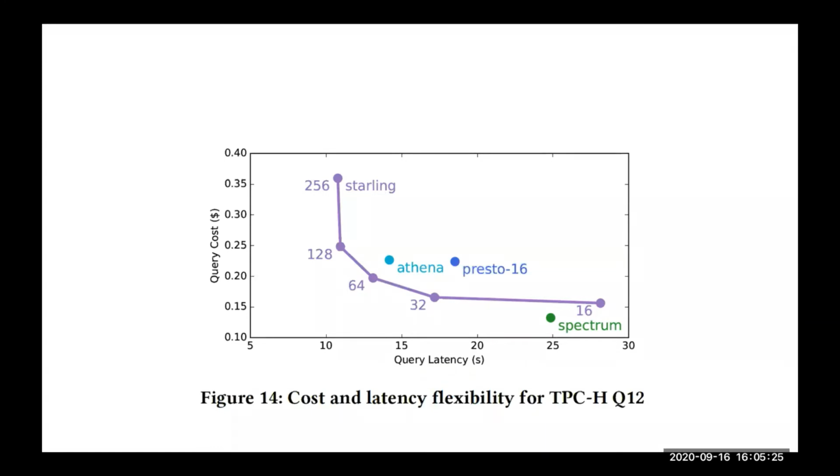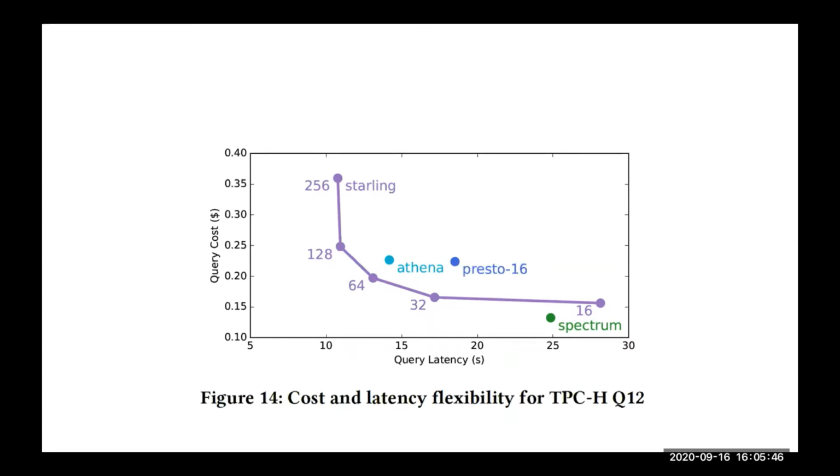And this figure I like. I put it here because this one showed the flexibility of Starling, given that you could choose the latency and cost trade-off, while in other systems it may not be readily possible.